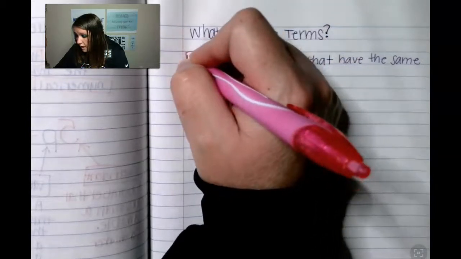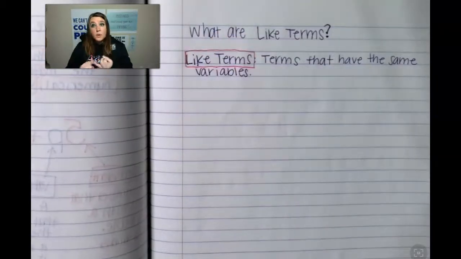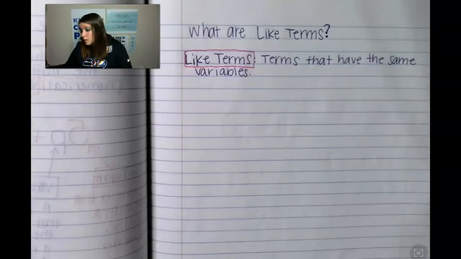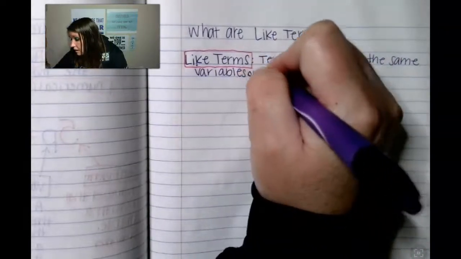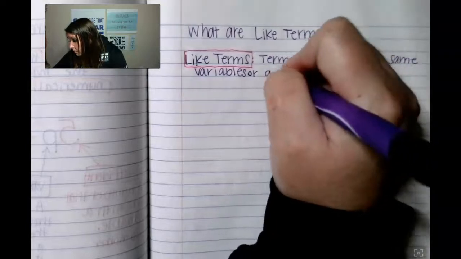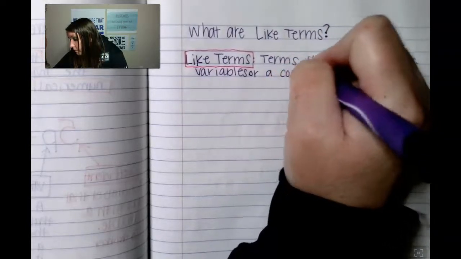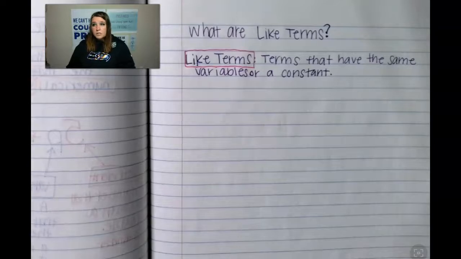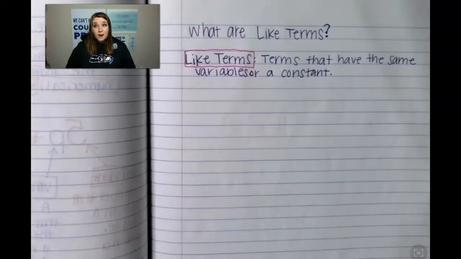We know that we have coefficients, we know we have constants, and we know that we have variables. So they could also be a constant. Okay, so they either have the same variables or they are a constant. So we're going to use these words to help us decide what are alike and what are not alike.